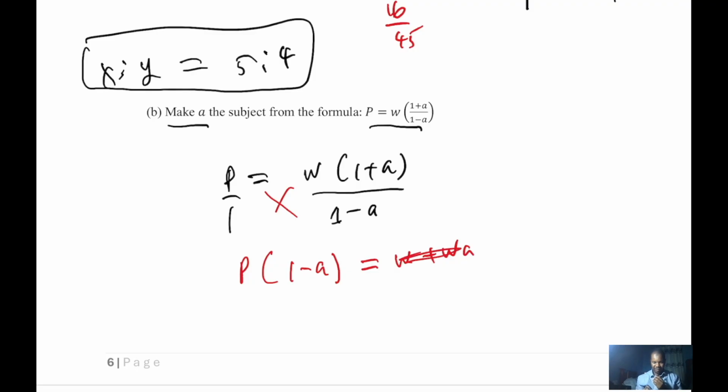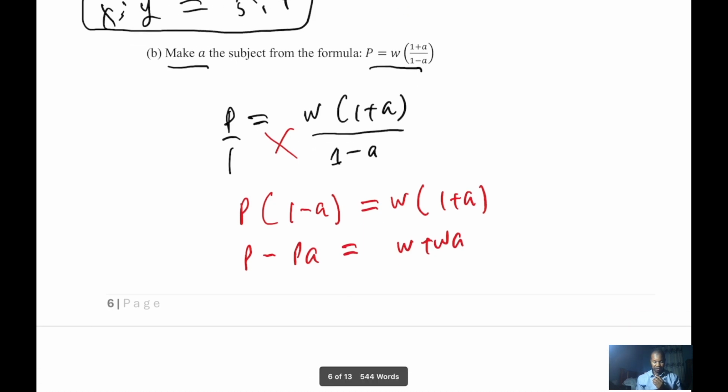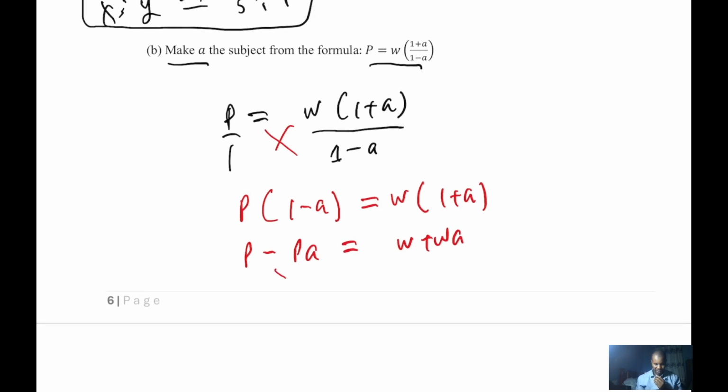I can consider the expression before opening the bracket anyway, so that we open the bracket together. So you have p minus pa equals w plus wa. Mind you, we are looking for a, so collect terms with a, and the other terms will be on the other side. If we do that, we'll have p minus w equals pa plus wa.